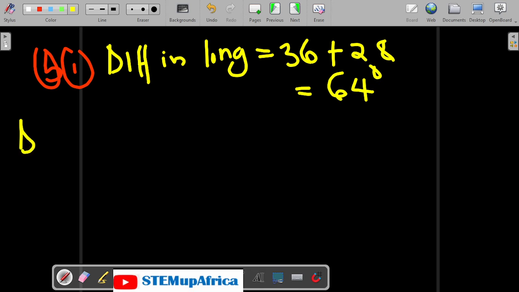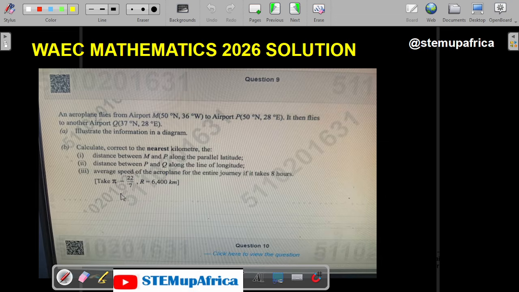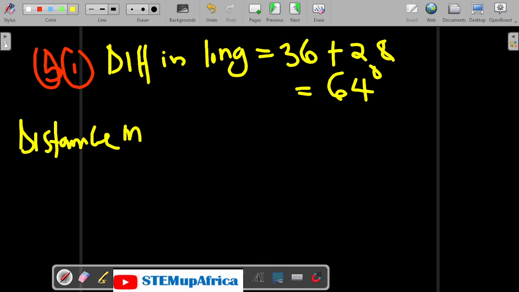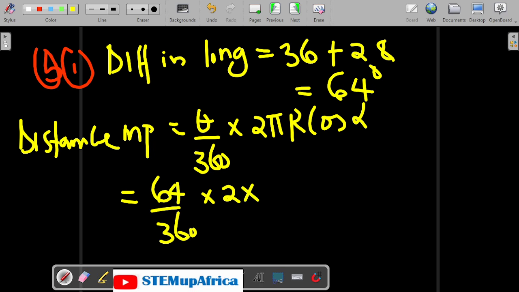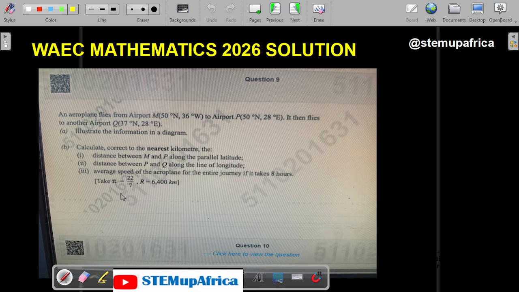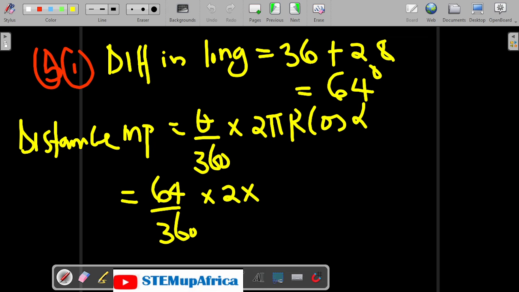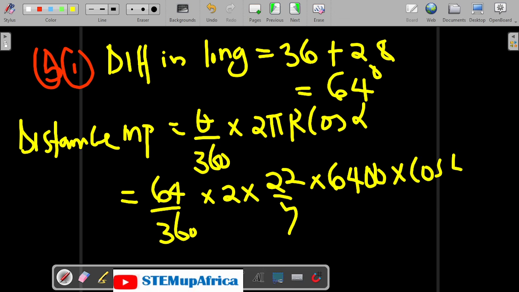So distance MP, we have theta over 360 times 2 pi R cos alpha. So I'm having 64 over 360 times 2 times pi. You use it the way it's given to you. Our pi is 22 over 7. So I'm having 22 over 7 times 6400 times cos, what is the latitude given to us?